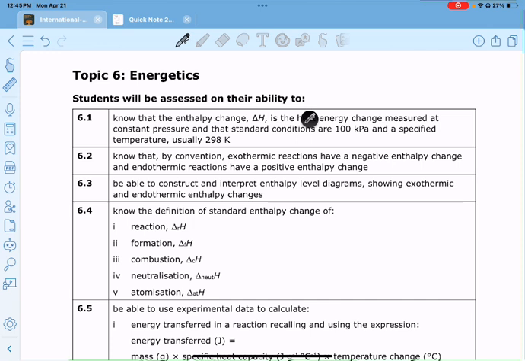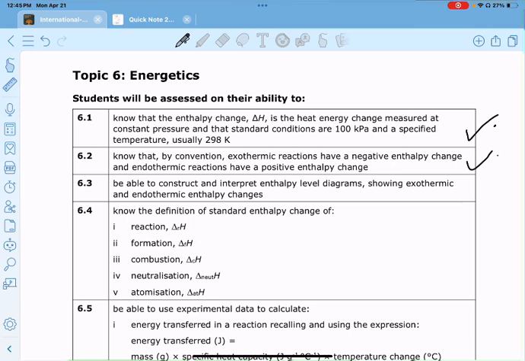Conversion to Kelvin is basically just adding 273. Now, we can tick that. Next part, know that by convention, exothermic reactions have negative enthalpy change and endothermic have positive enthalpy change. We talked about this. So we can tick that.